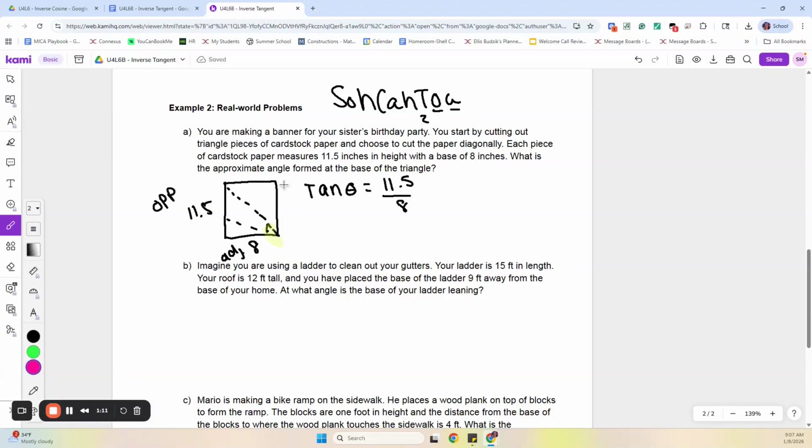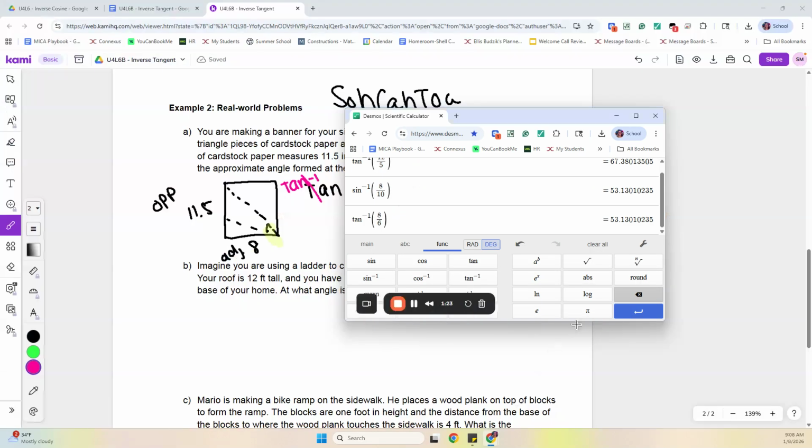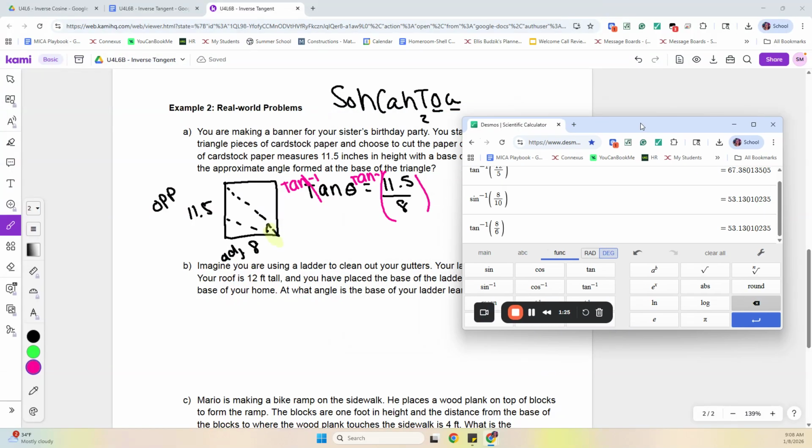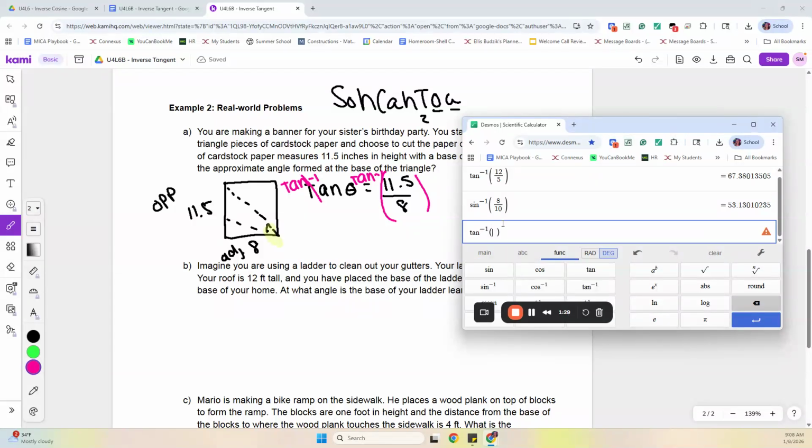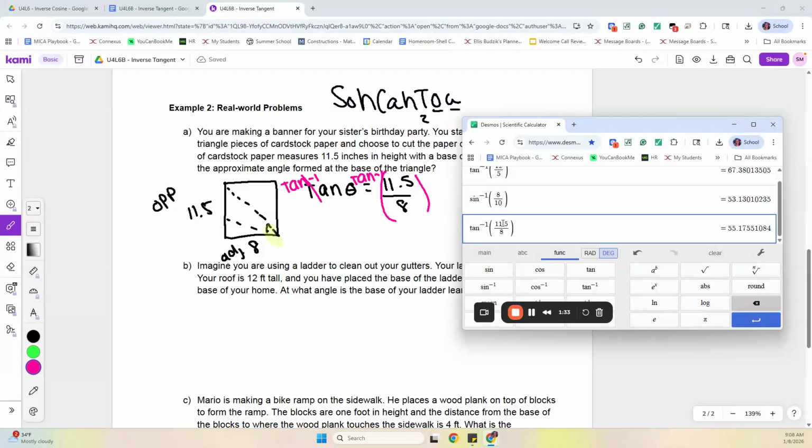So we're going to do tan inverse. And then from there, we're going to take our calculator. We got tan inverse of 11.5 over 8. So tan inverse of 11.5 over 8 is 55.2.